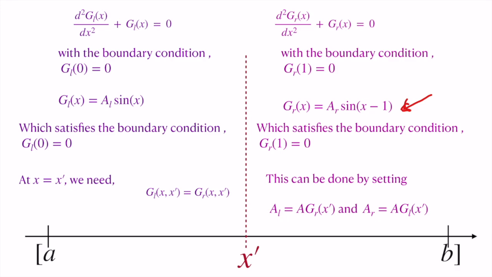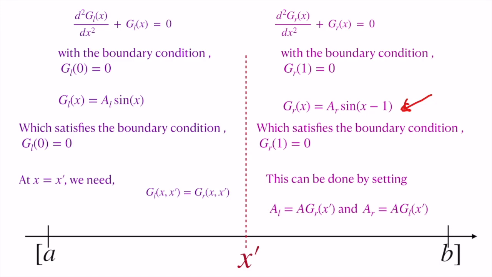And the trick is, say your constant A_L is A times g_R of x prime. That naturally takes the value A g_R of x prime, and then you have sin x.